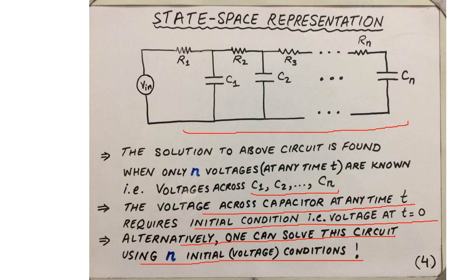Or if we first develop the differential equation representation of this whole circuit and then try to solve the circuit, then we need to know the initial voltages across the capacitors, and we shall arrive at the same solution.